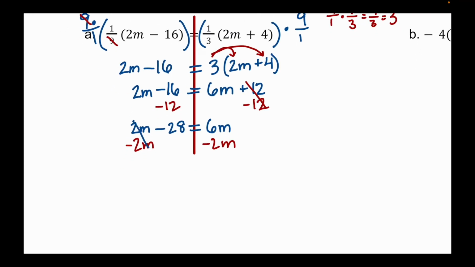So this would create negative 28 equals 4m. Last step is going to be to divide by that 4 because I want m to end up on its own, so I am intentionally dividing by that 4 to get rid of it. And what you'll have is that negative 7 is our value for m.